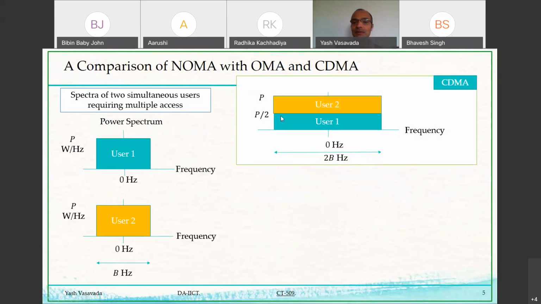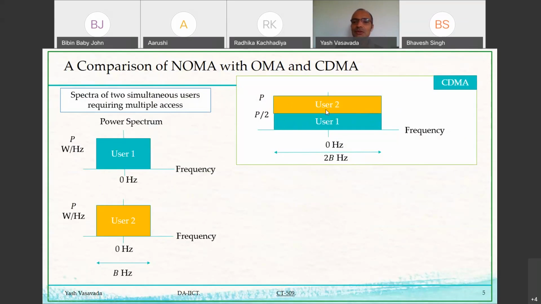And so user 1 signal became having a power spectral density of only P over 2. User 2 also has a power spectral density of P over 2. But now, because they are kind of superimposed on the same bandwidth, the total power per hertz is still roughly about P watts per hertz. Okay, so that is what the CDMA does. I want to mention that this diagram is probably a little bit misleading.